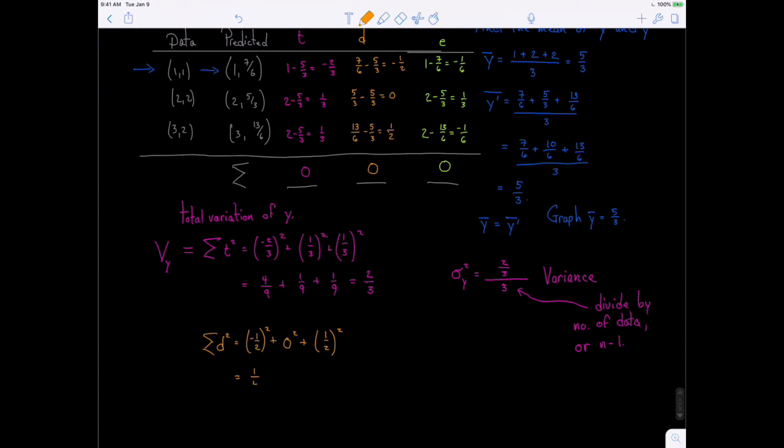This becomes 1/4 plus 0 plus 1/4, that's 2/4, that's 1/2. And we're going to call this the variation of the y primes, because that was the distance of the y primes from the mean.